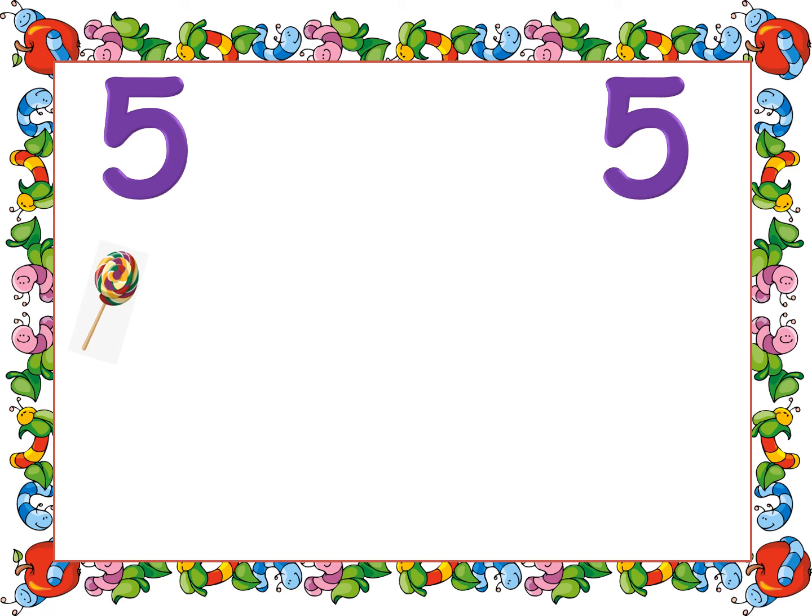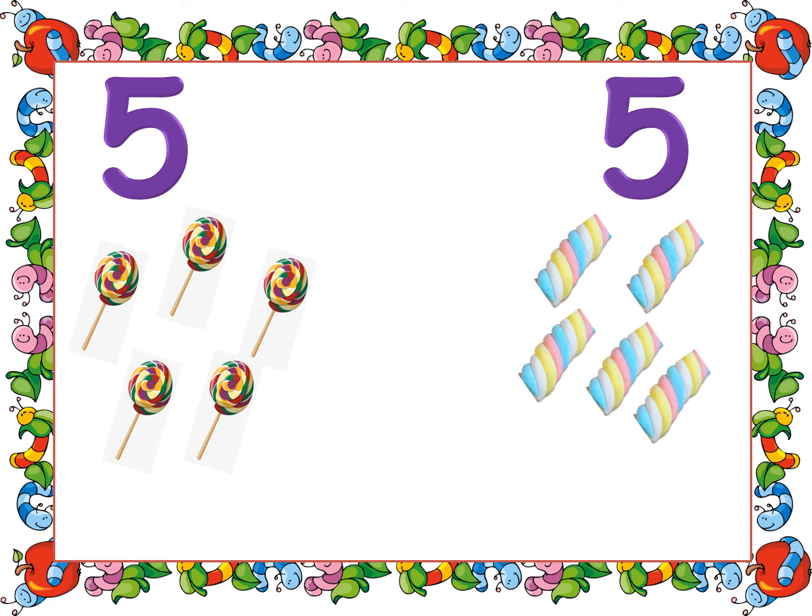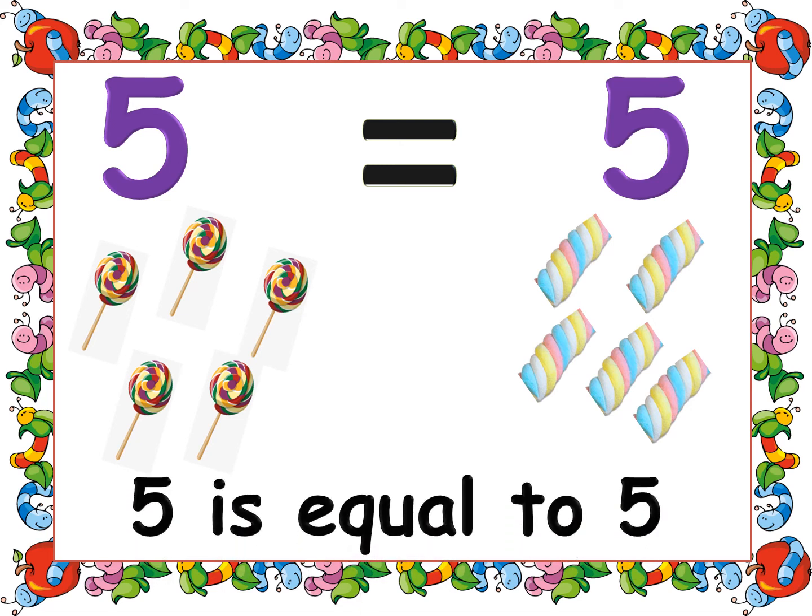Let's draw objects. 1 lollipop, 2, 3, 4, 5 lollipops, and 1, 2, 3, 4, 5 marshmallows. So our alligator is not going to eat any of them. We're just going to put the equal symbol, and we are going to read this as 5 is equal to 5.